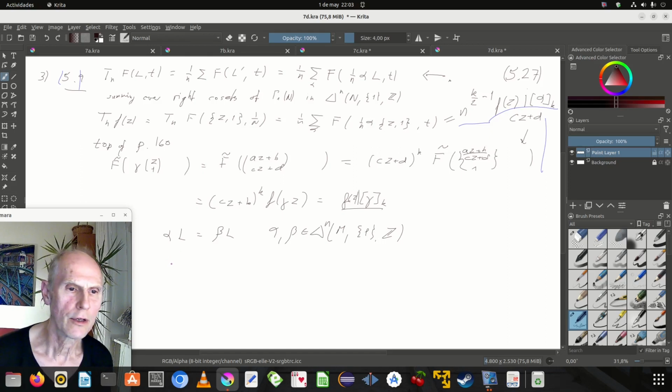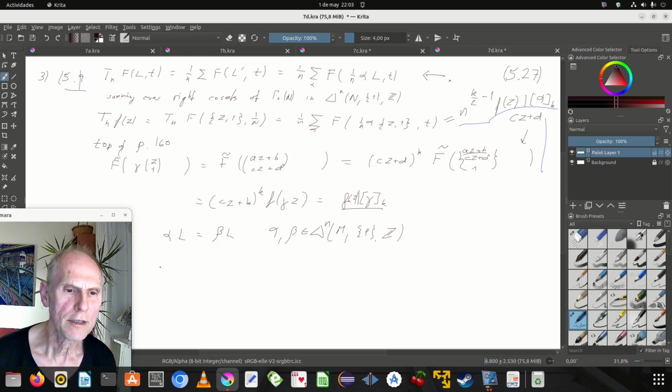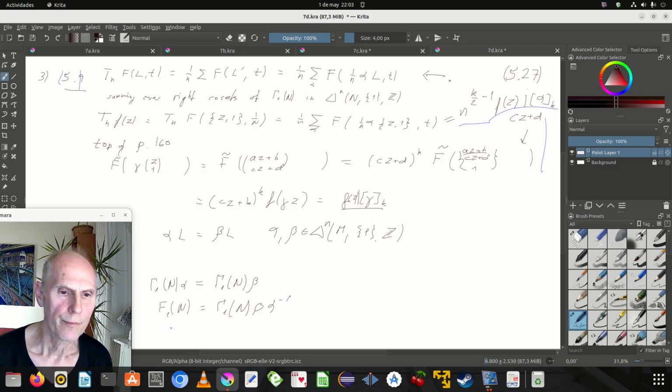That means that, now what I'm thinking about here, the point is that the right side classes must agree. And that means that, or is equivalent to beta alpha to minus first lies in, there should be gamma 1 of f, of course.